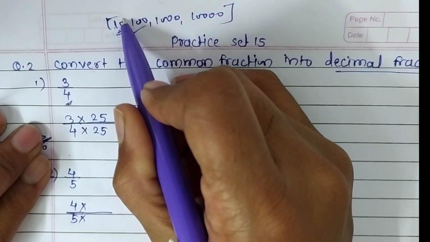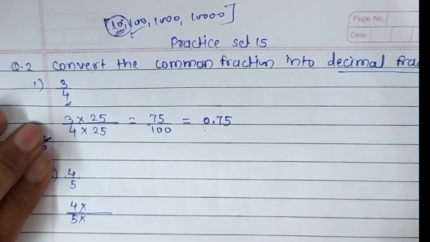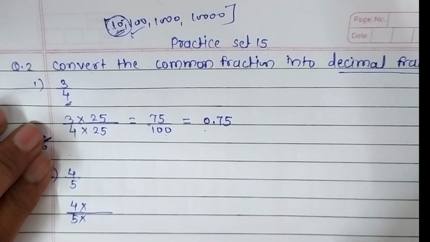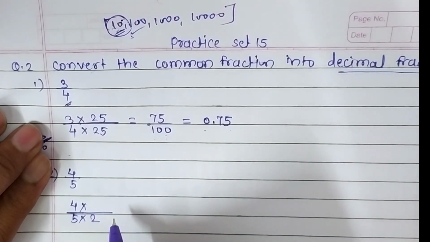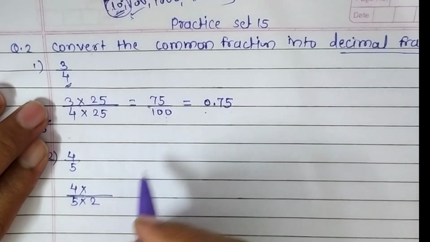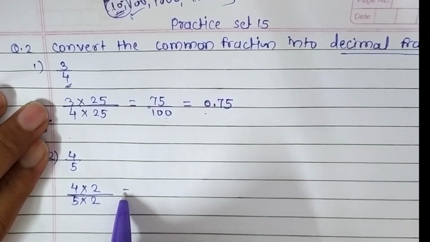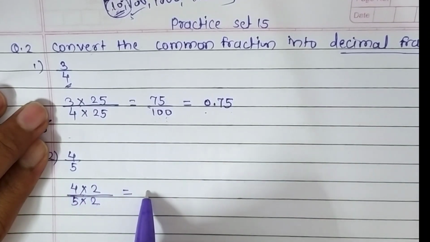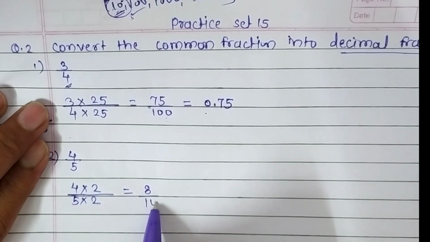Think about 10 first. If we multiply 5 by 2, the number we get is 10. So multiply 5 by 2, and the numerator is also multiplied by 2. The product we get is 4 multiplied by 2, 8, and 5 multiplied by 2, 10.